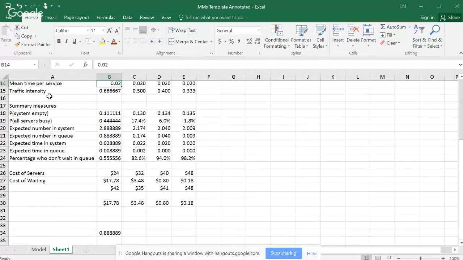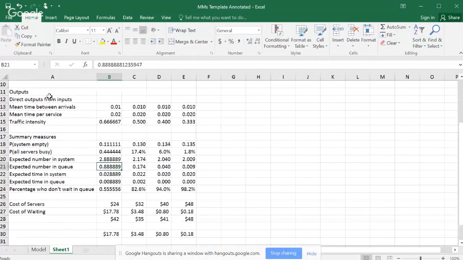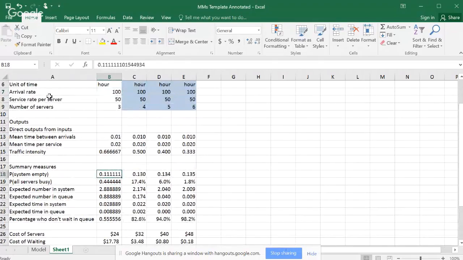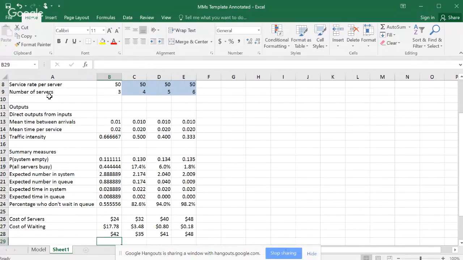So let's talk about some things that I might pull out of this for test questions and how to interpret this thing. All right. I'd ask you, if you choose to have 4 servers, what is your cost of waiting? What would that be? $3.48.